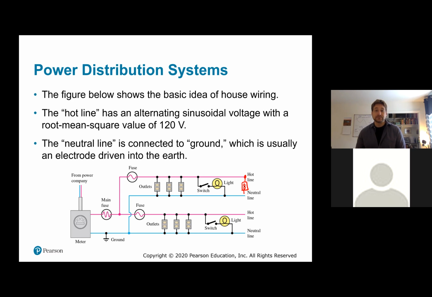I don't actually want current to flow like that unless there's an outlet there. I want to set up a potential difference between the top and bottom so that if I close a switch, if I plug something in, then I can get current to flow this way. But if these outlets remain unplugged, no current flows through them, and that doesn't affect the current through the light that I just tried to turn on.